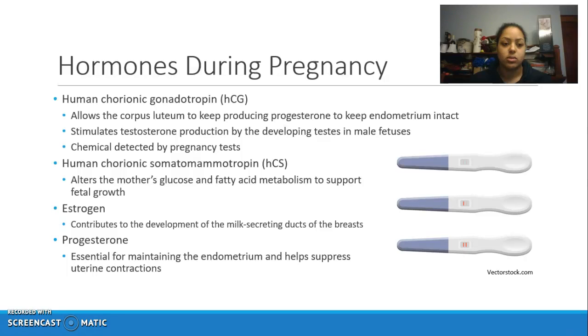Now, all of these hormones are secreted by the placenta, but for approximately the first 7 weeks of gestation, progesterone will still be produced by the corpus luteum until it disintegrates and the placenta takes over as the primary progesterone production source.